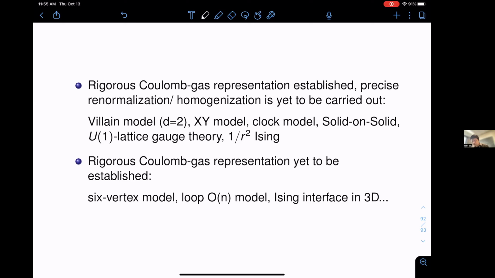And also there are problems which are even more vaguely defined, where there is some Coulomb gas representation in the background, but it's not rigorously established. But also you expect some kind of Gaussian behavior at large distances. So I guess I'll stop here.